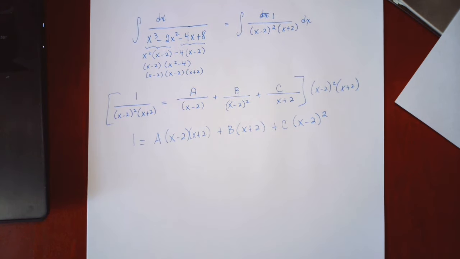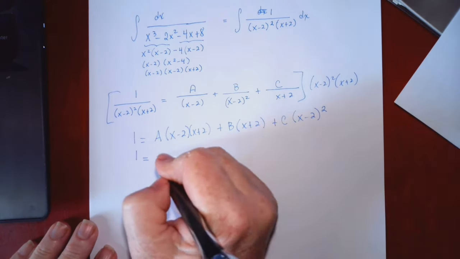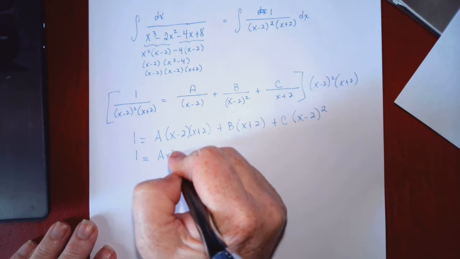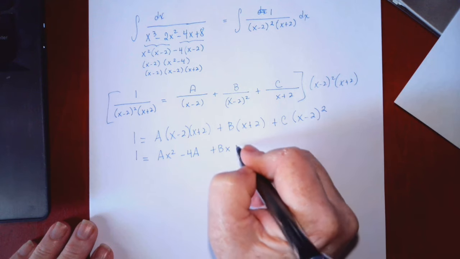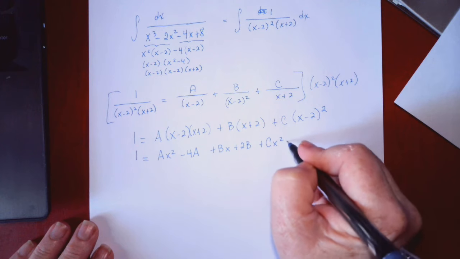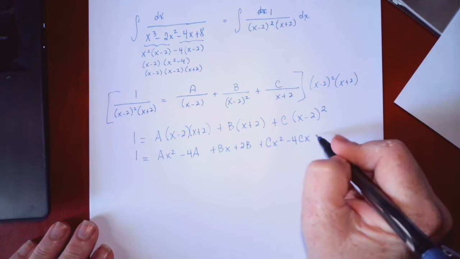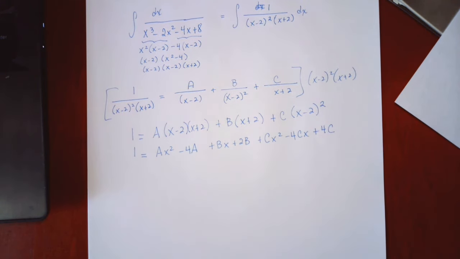Now, as I mentioned, it gets a little bit more of a challenge to do the quick trick when you have repeated factors or nonlinear. So I'm kind of going to do a combination here. I'm going to go ahead and set up for equating the coefficients. So that would be ax squared minus 4a plus bx plus 2b plus cx squared minus 4cx plus 4c. That's if I multiplied all that out.